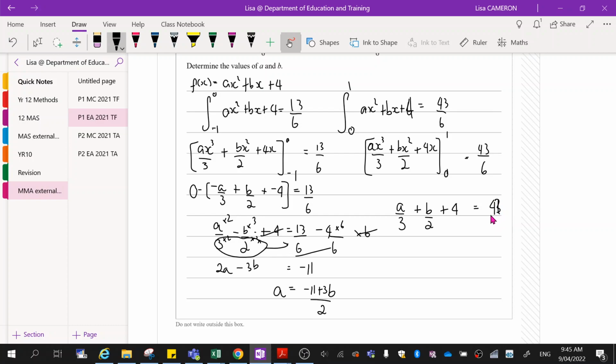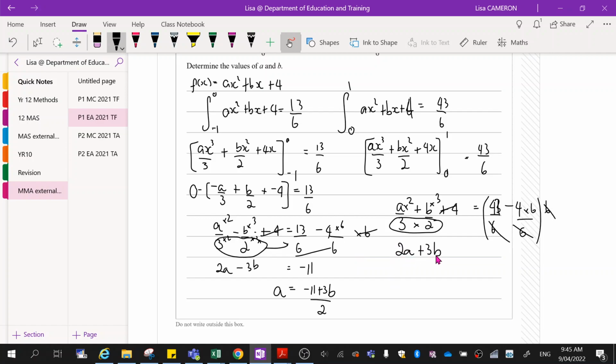Equals 43 over 6. Take the 4 to the other side, and then I'm going to make everything have the same base over 6 so that I can multiply and get rid of this. So when I take that up over to this side and I multiply everything by 6, it's going to cancel these 6s out. So let's write that neatly of what we've got left.